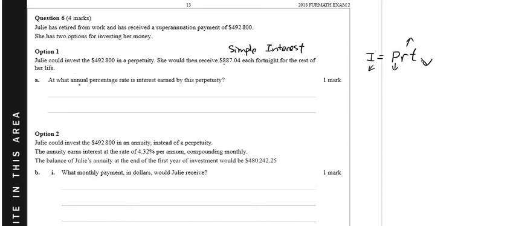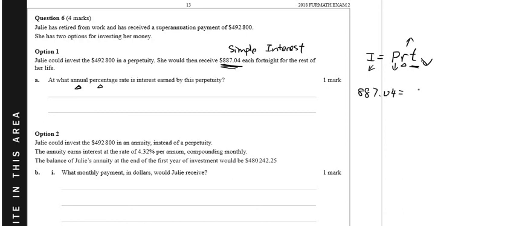It's asking for the annual percentage, so we need to solve for T. But let's not worry about that first. Let's just find out the rate at this stage. So what I want to do is find out the total money she's earning per fortnight, which is 887.04.